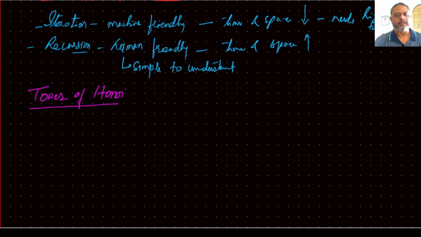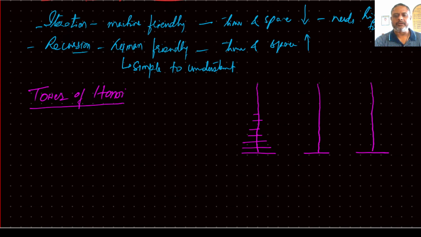This Tower of Hanoi, as the story goes, there is a huge tower, and along with that, there are two more towers. On this tower, there are 64 slabs of varying sizes.